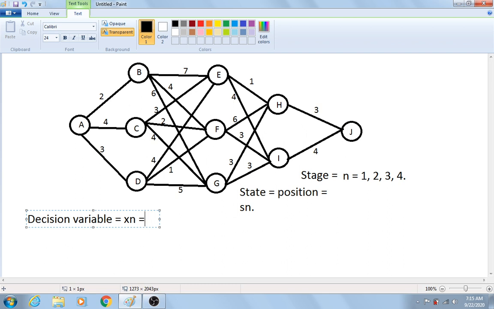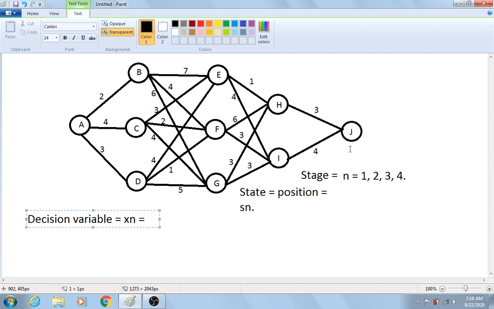It is also easy to see that if we are at stage 1, our decision will be going to B, C, or D. If we are at stage number 2, we need to decide whether we will go to E, F, or G. If we are at stage number 3, we need to decide whether we will go to H or to I. If we are at stage number 4, there is only one destination, which means we need to go to J.